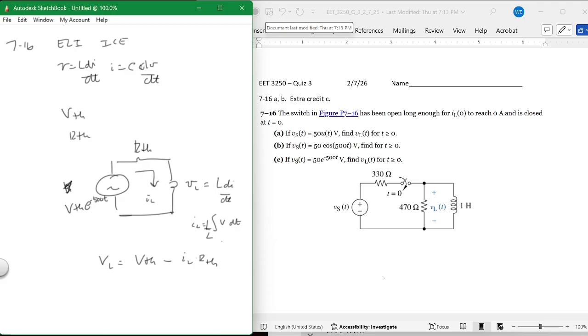So if you took the integral of this, what would be the integral of this? Well, you work on it.